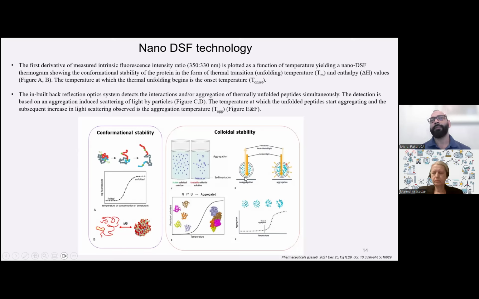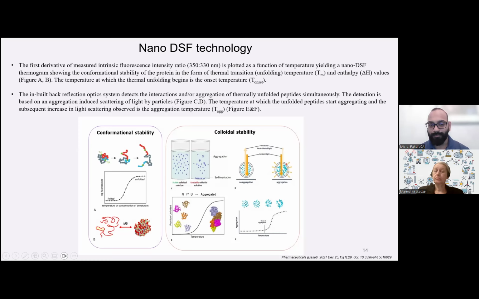Imagine I'm heating my vaccine formulation, or there's a temperature change happening during transport. The question we can answer through this technique is: is my protein both conformationally and colloidally stable? What if I increase the temperature from 25 to 50 degrees, do the formulations start aggregating?